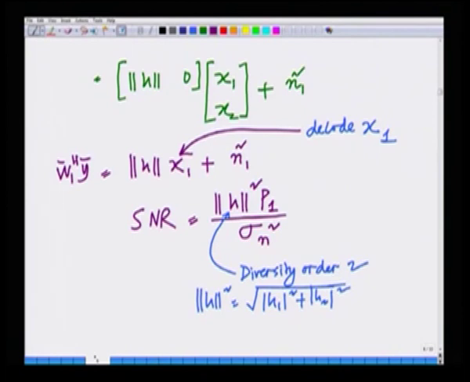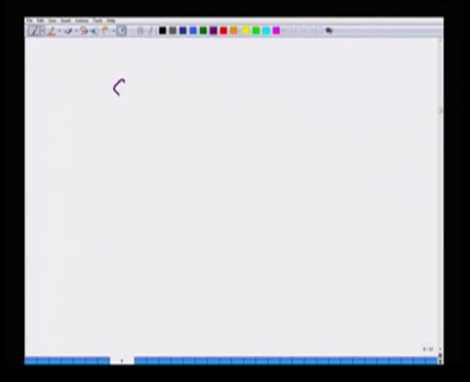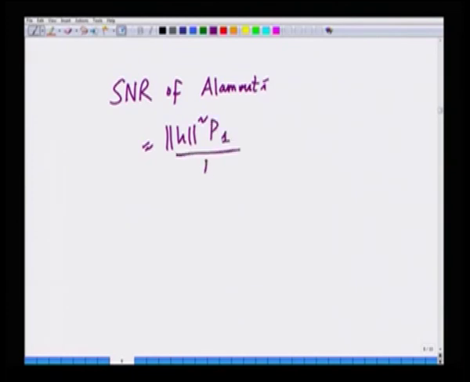The SNR of this Alamouti system, we said, is norm h square p1 by sigma n squared, where p1 is the power allocated to symbol x1.